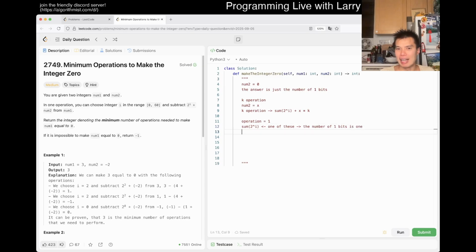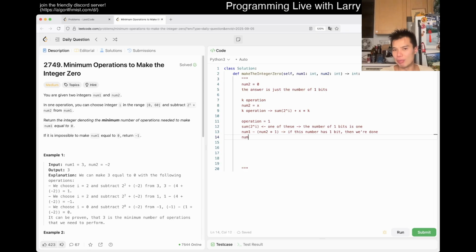But you also have to subtract whatever the x is times k, and in this case k is 1. So that means if you have num1 minus num2 times 1 in parentheses, if this number has 1 bit, then we're done, right?